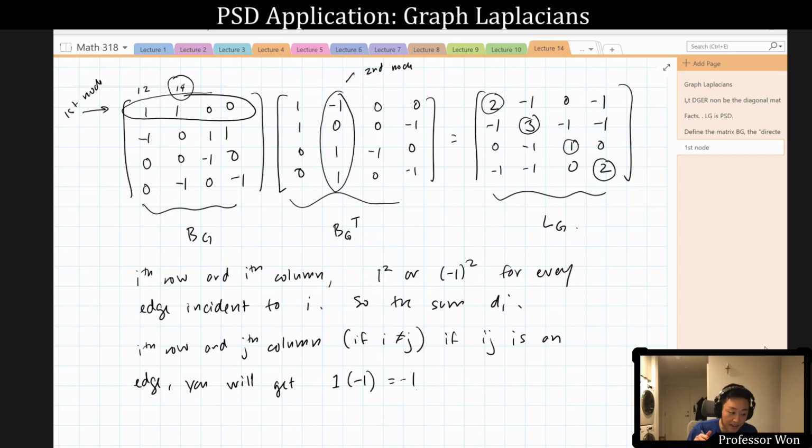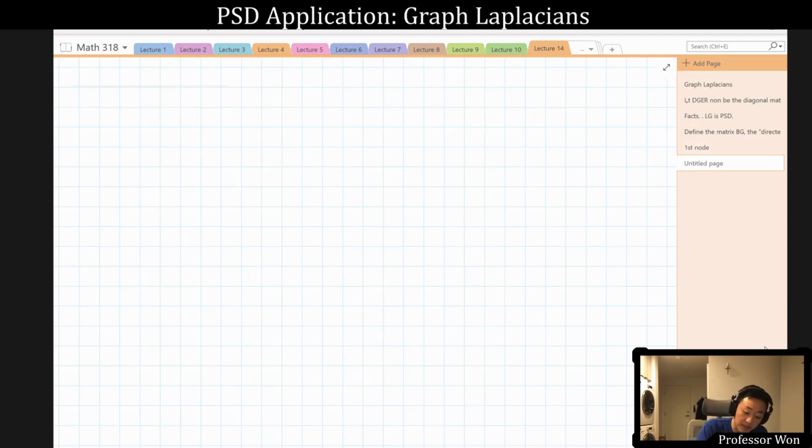Which means that the Laplacian is positive semi-definite. Which means that we know quite a bit about its eigenvalues. Its eigenvalues are all non-negative. So let's state this as its own result, because it's a very important result.